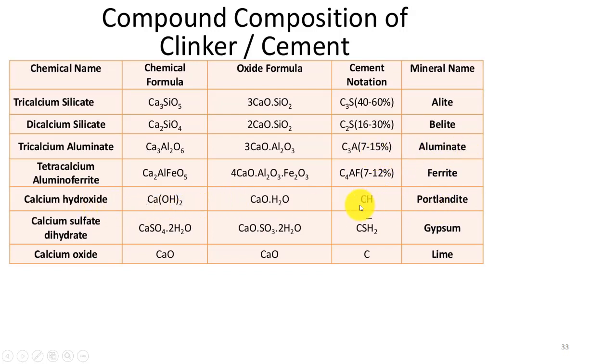Then you have calcium hydroxide as a cement byproduct. This is basically a hexagonal structure, which I have shown in my previous video, which is a byproduct of the hydration reaction.